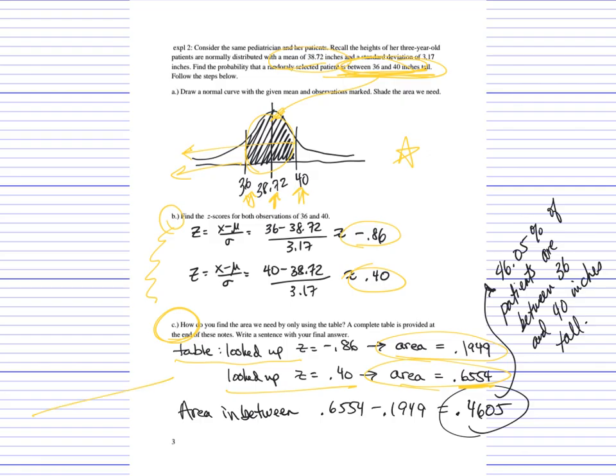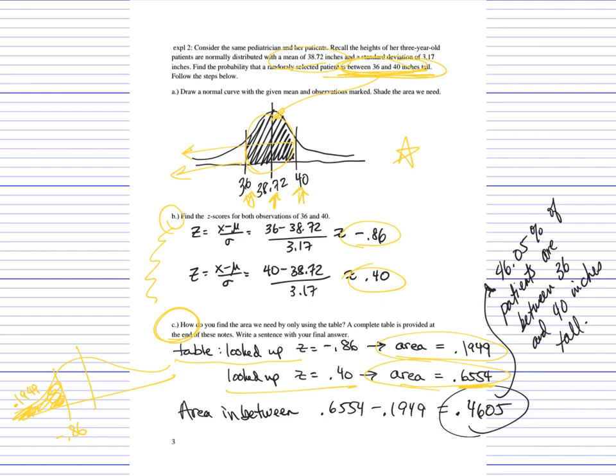So essentially, to the left of negative 0.86, that area is 0.1949 out of the total 1, as in 100%, right?